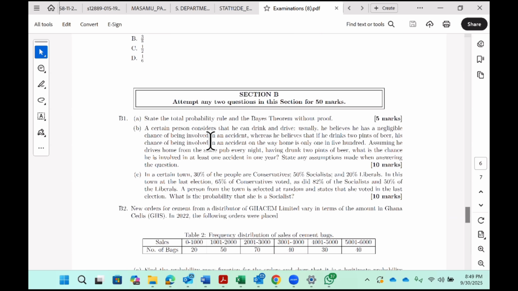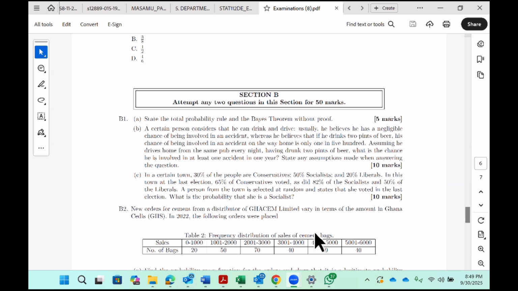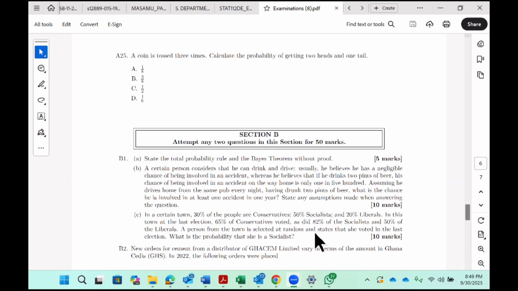So here you are only to state that for a sequence of events, if I use this as my system where I partition it, and I have this as my B, and these are my events A1, A2, A3, A4, in that order, A5.